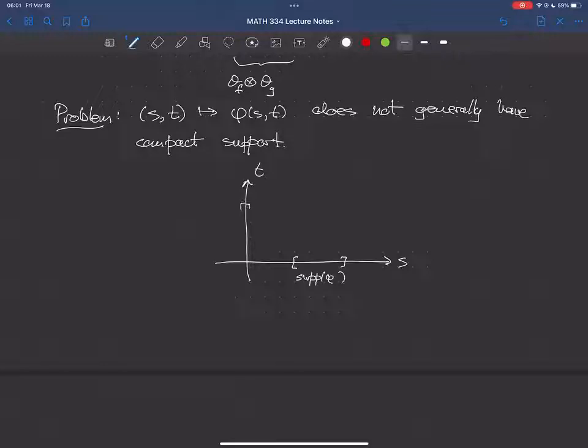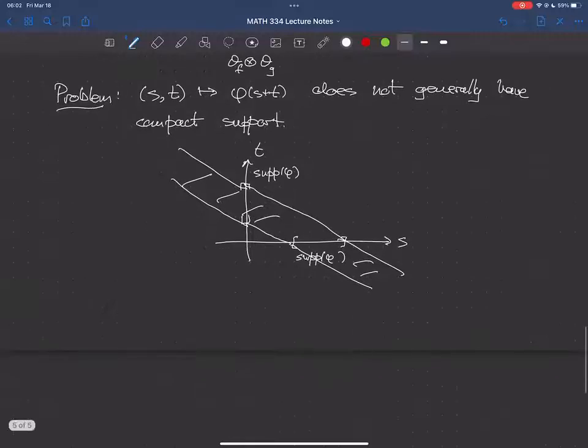So there's a corresponding compact interval in the t variable. Oh, sorry, I made a mistake here. I apologize. That's s plus t. The support of the function of two variables, phi of s plus t, is going to look like this. So it's not compact.